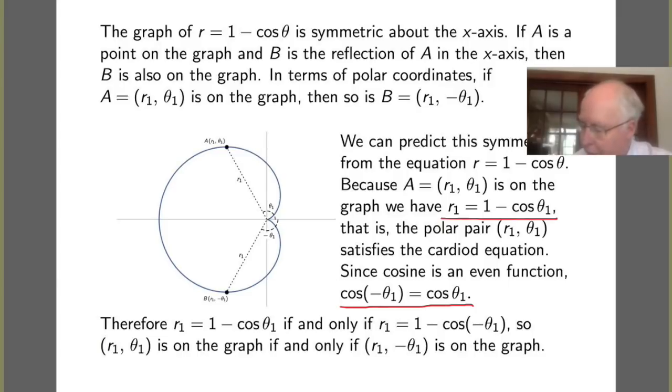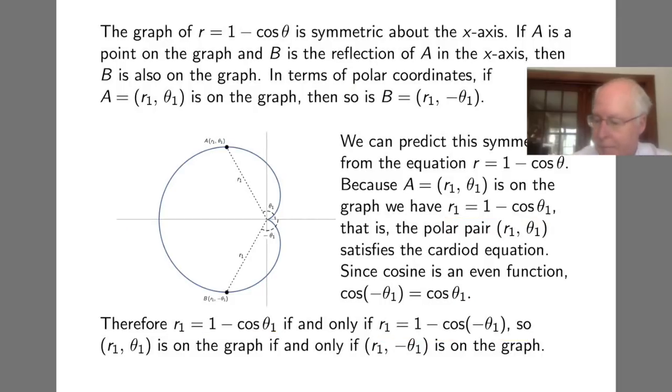So that tells us that r1, theta 1 is on the graph if and only if r1, comma minus theta 1 is on the graph. Because again, putting minus theta 1 in for theta 1 doesn't change the r value. And we see again from the picture up here that that corresponds to symmetry about the x-axis.